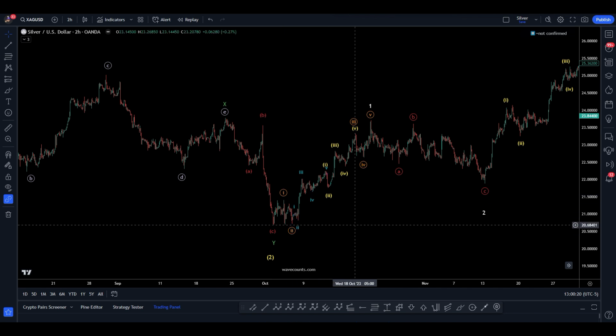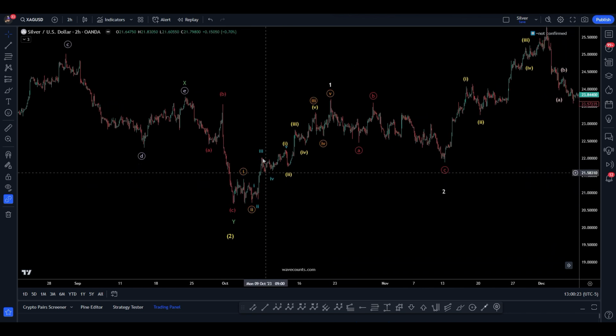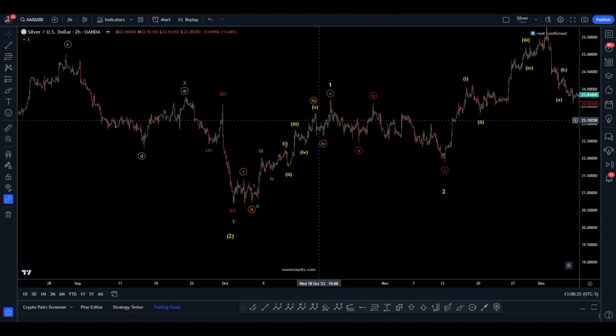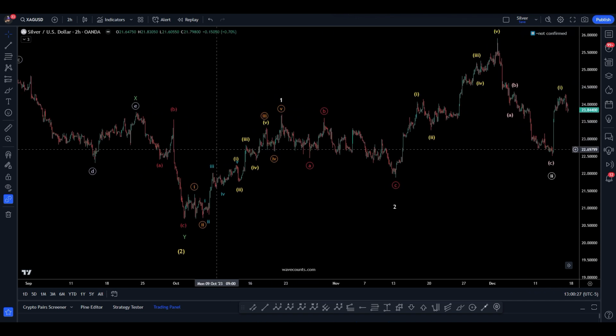So 1, 2, 1, 2, first wave extension, 2, 3, 4, 5, 3, 4, 5. There we go. It just looked funny for a moment.